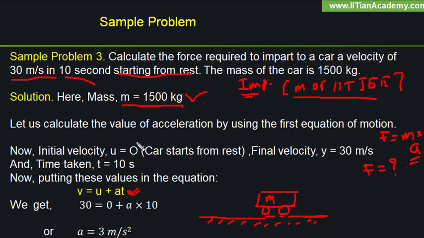So here, what was the initial velocity of this car? It was 0, because it's starting from rest. Starting from rest means the initial velocity is 0, because it was a standing car and then you started driving. Then what did you do to this car?